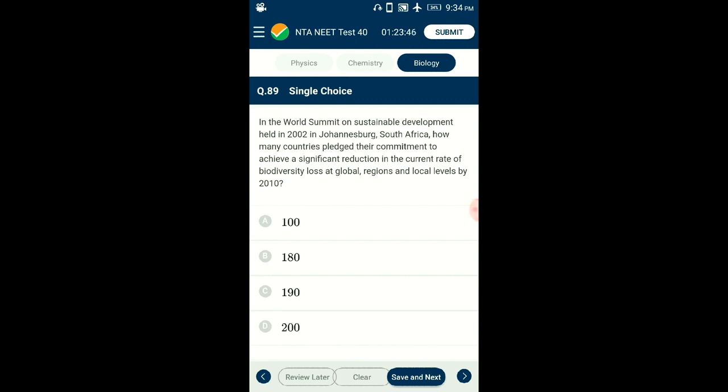In a follow-up, the World Summit on Sustainable Development held in 2002 in Johannesburg, South Africa, 190 countries pledged their commitment to achieve a significant reduction in the current rate of biodiversity loss at global, regional, and local levels by 2010. So there are totally 190 countries that have taken the pledge. So the correct option is C.